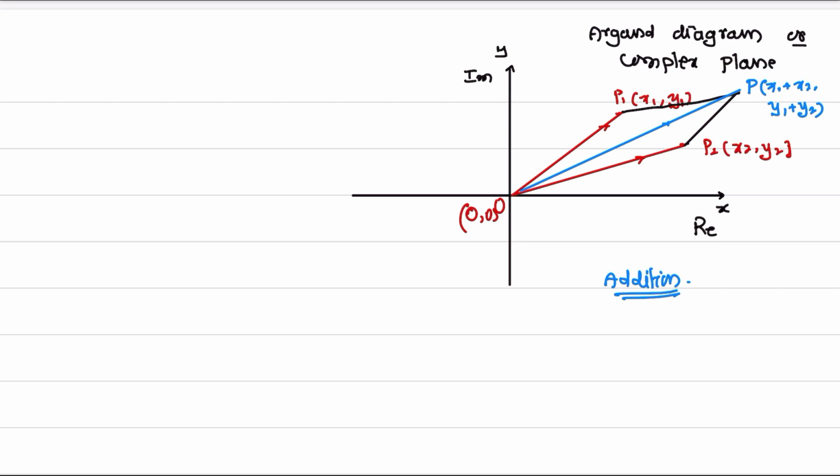Let us say z is equal to OP1, that is equal to x1 plus iy1.